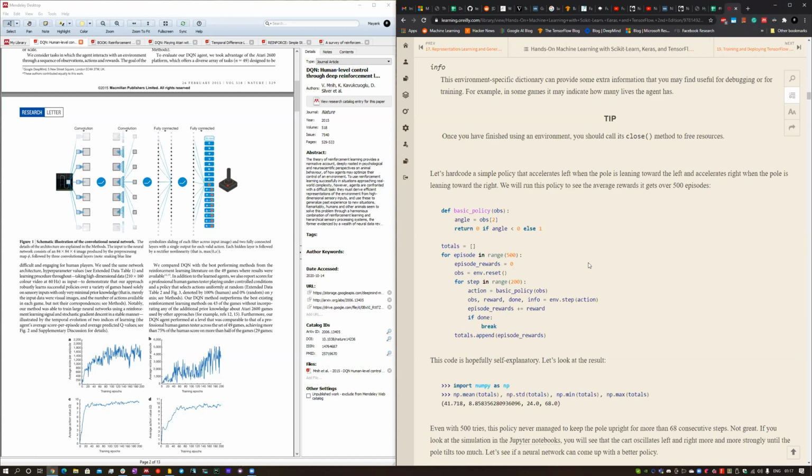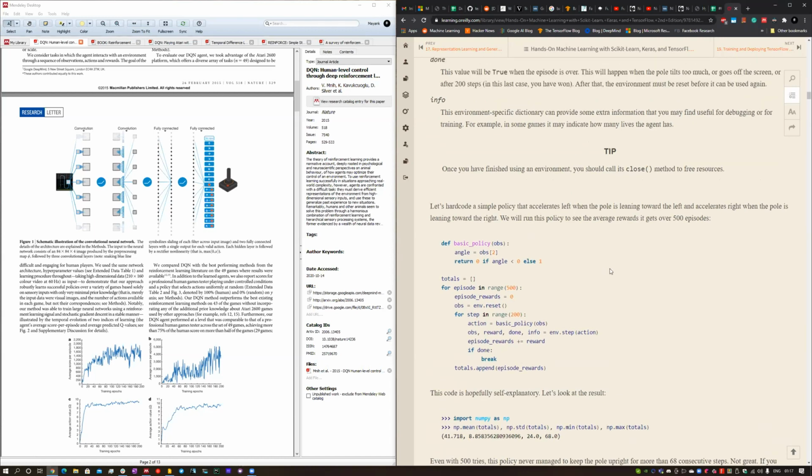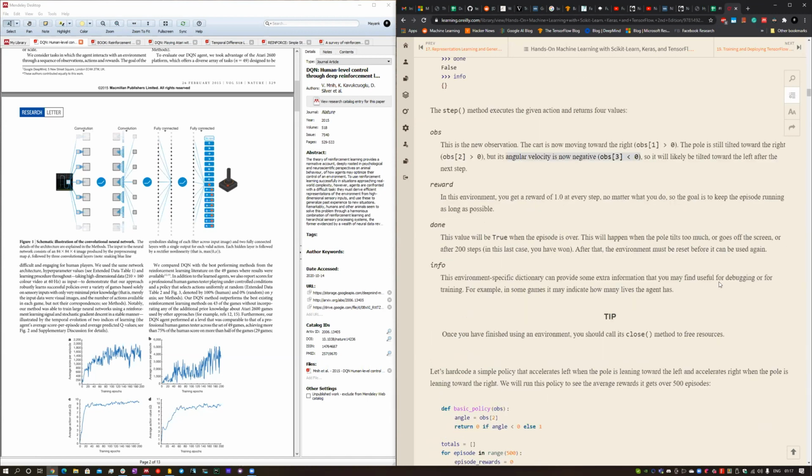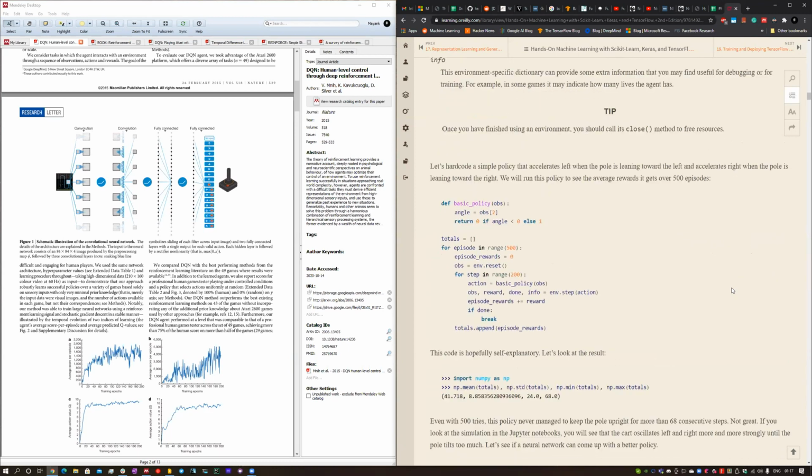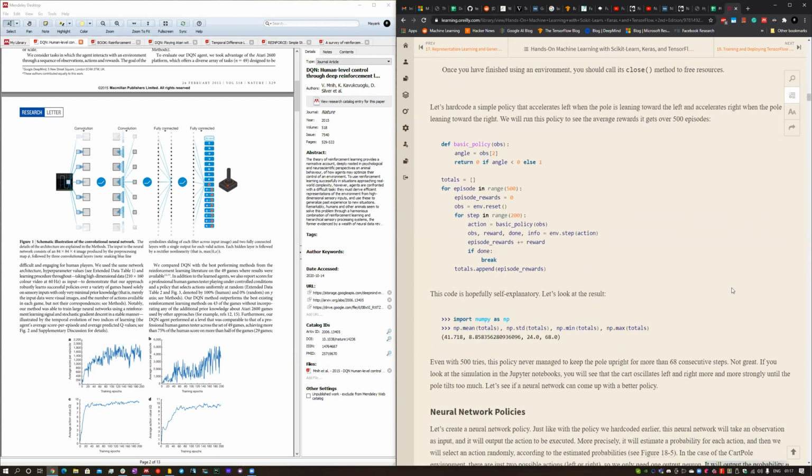Sorry to interrupt, Mike, but Joseph, the thing that confused me is, if you stay there, Mike, for a minute, he says, let's hard code a simple policy that accelerates left when the pole is leaning towards the left and accelerates right.